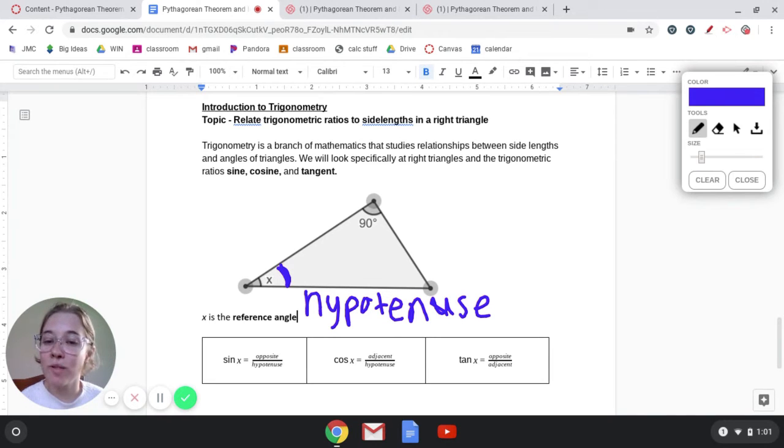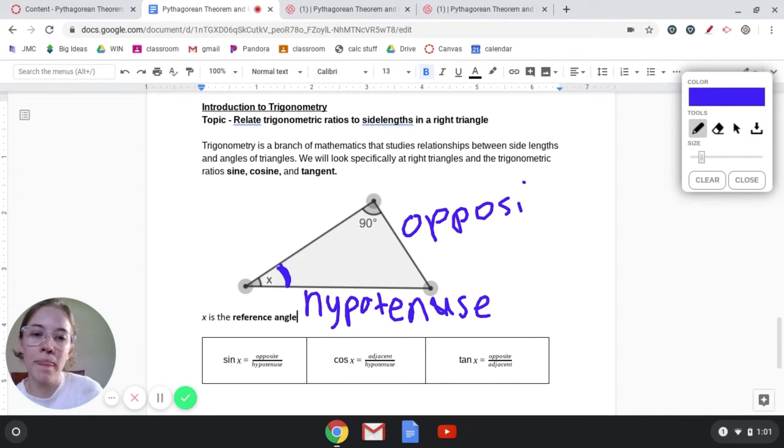It's the side opposite x. In other words, the side that doesn't touch that angle x, which is over here for us. So opposite. Which leaves the adjacent side to be the leg of the triangle that touches that reference angle. So this is the adjacent side.